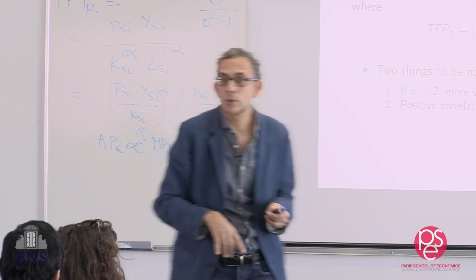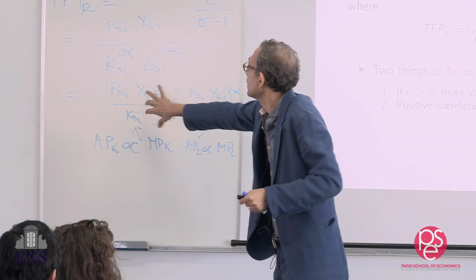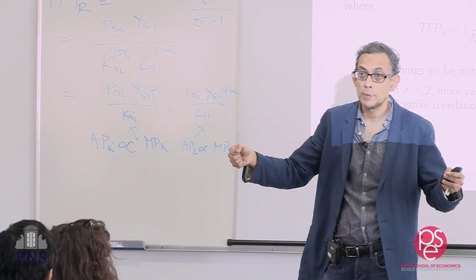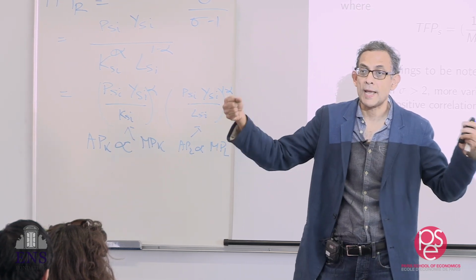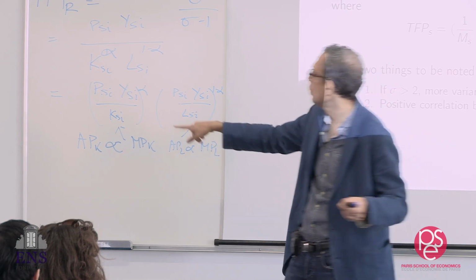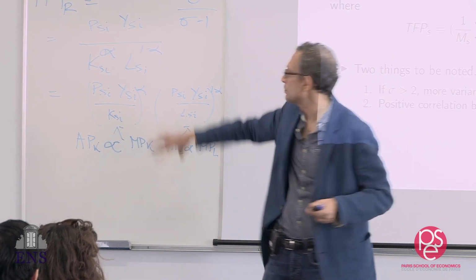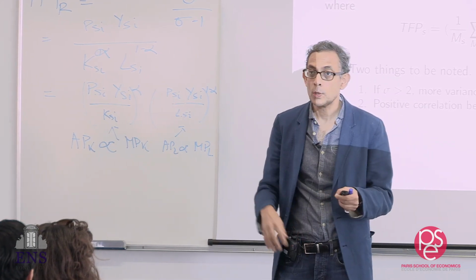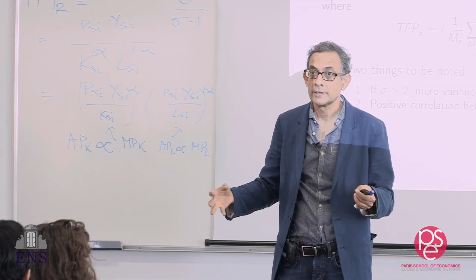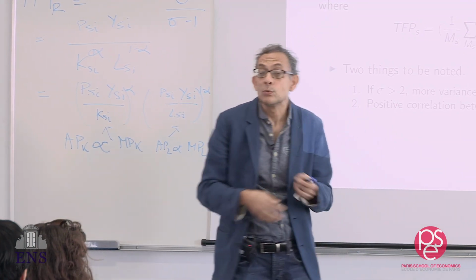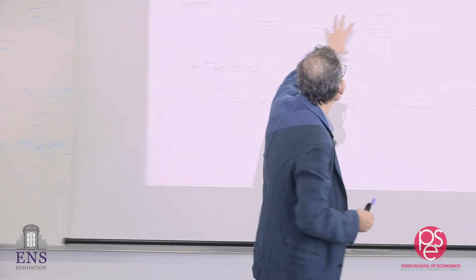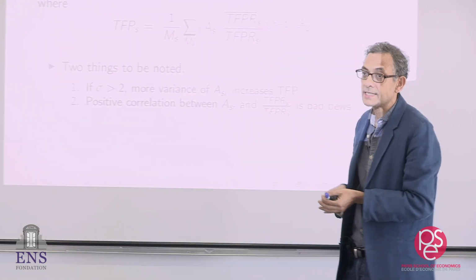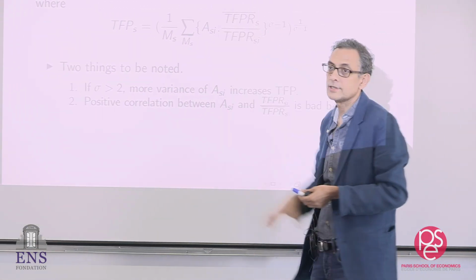So this number would be lower in every country with more capital and labor, because the marginal products would be lower. The US would have a lower product. But that doesn't matter for this exercise. This exercise is just about equalizing the ratios.